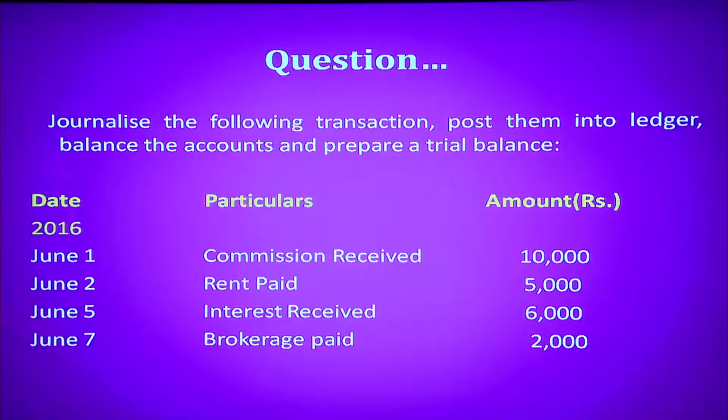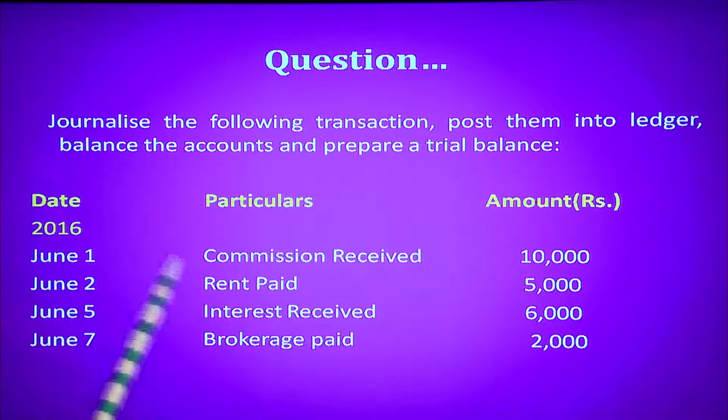Now, we shall take a question to understand better how the trial balance is prepared. We have the following transactions which take place in the month of June for the year 2016. First, on June 1st, commission received for an amount of 10,000 rupees.